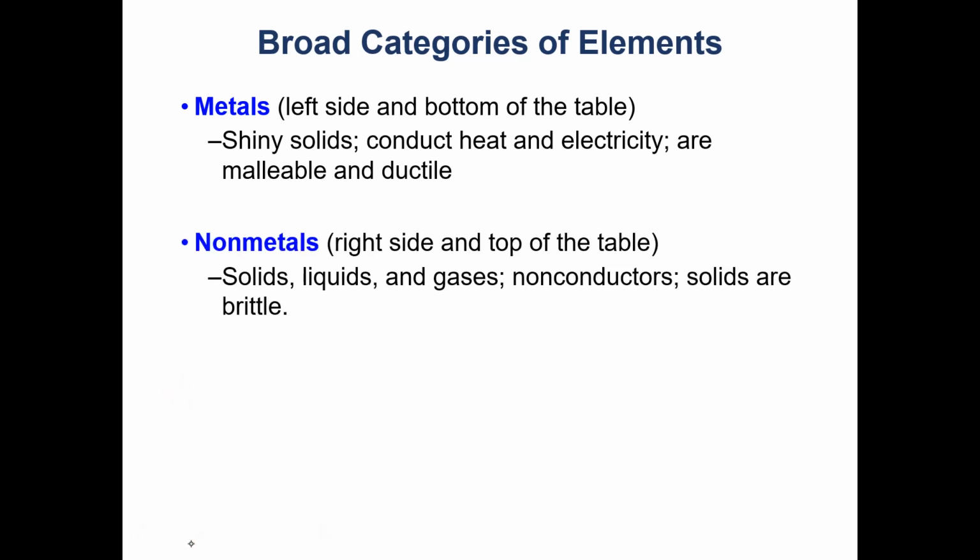Non-metals are the elements that are towards the right and top of the periodic table. The vast majority of them are gases, although there are a few like bromine that tend to be liquids, and there are a couple that are solids, not very many. Non-metals are non-conductors. They do not conduct heat or electricity very well.